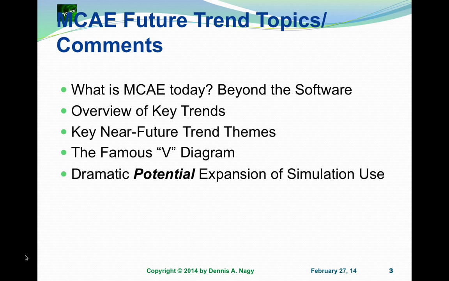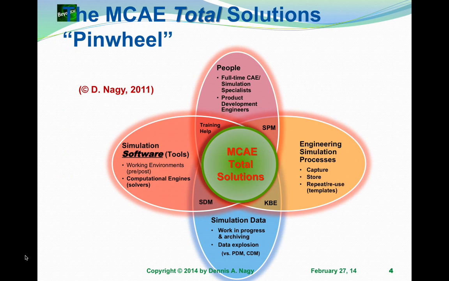Okay, I put this together a few years ago, which I thought was a very good way to illustrate the total solutions around MCAE, and also because it ended up looking kind of nice as a pinwheel or a flower.